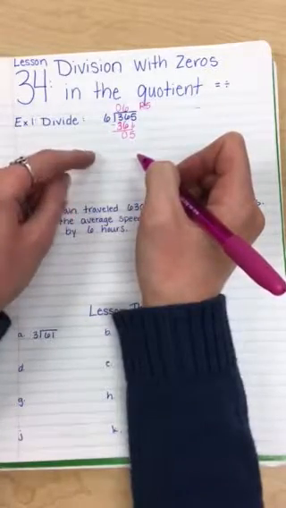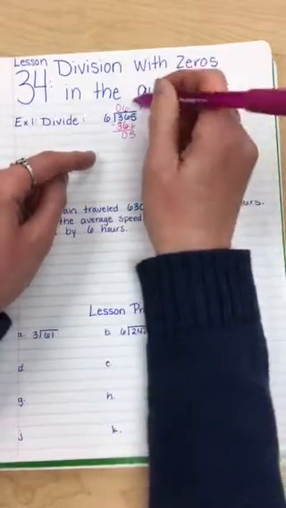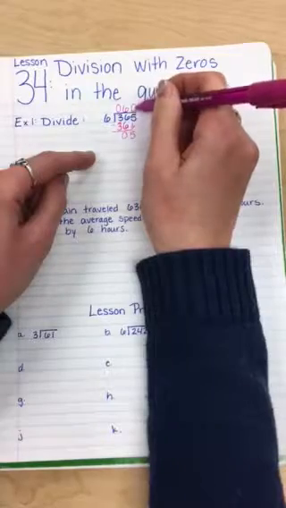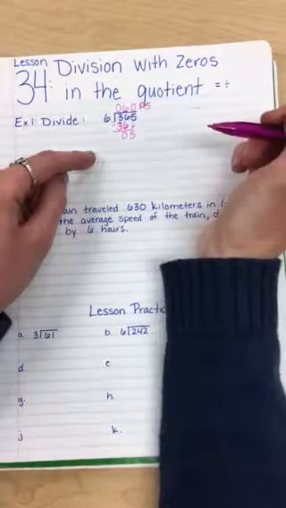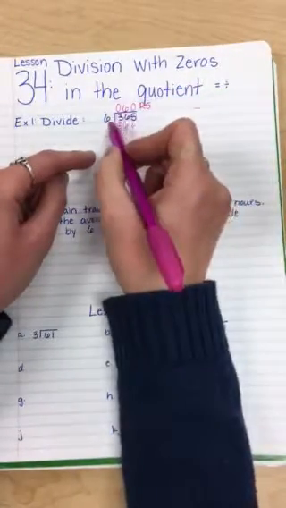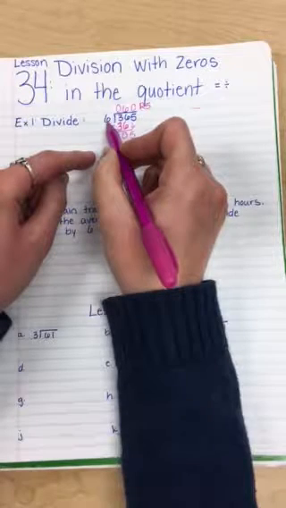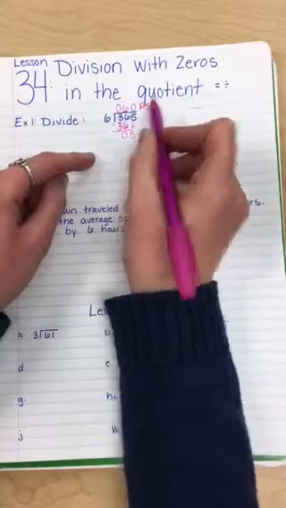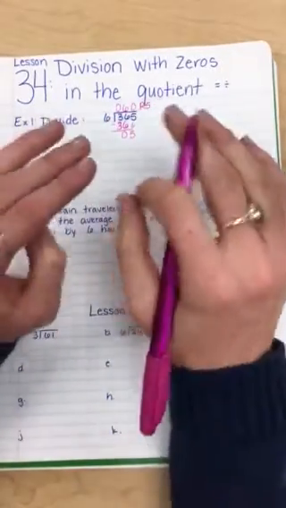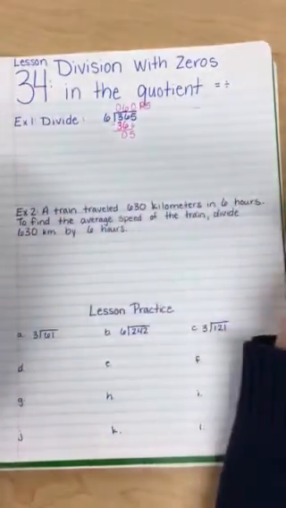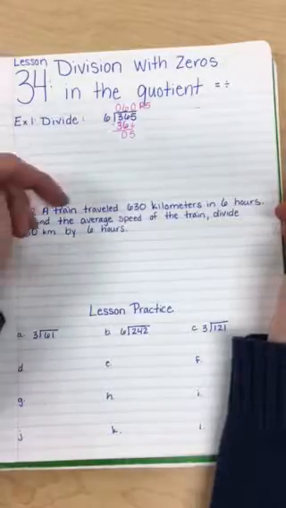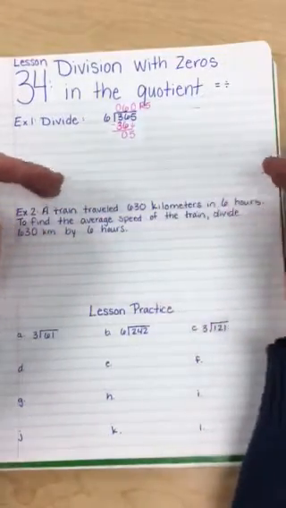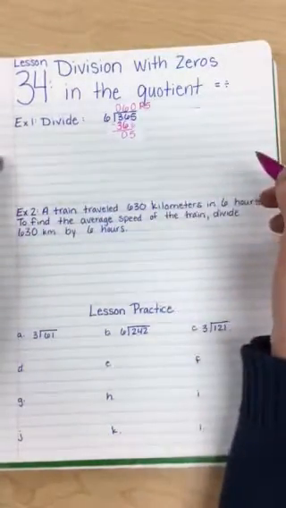And so this remainder 5 doesn't really make sense. So you're going to actually put a 0 up here. And then it's 60 times 6 equals 360, with a remainder of 5. So we're going to double check. It is always, always, always important to double check your answer. You double check it by inverse operations, which means we're undoing what we did.